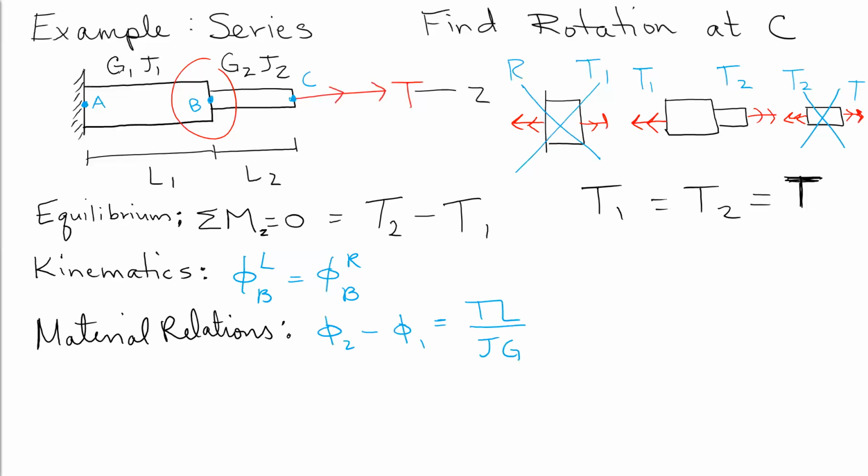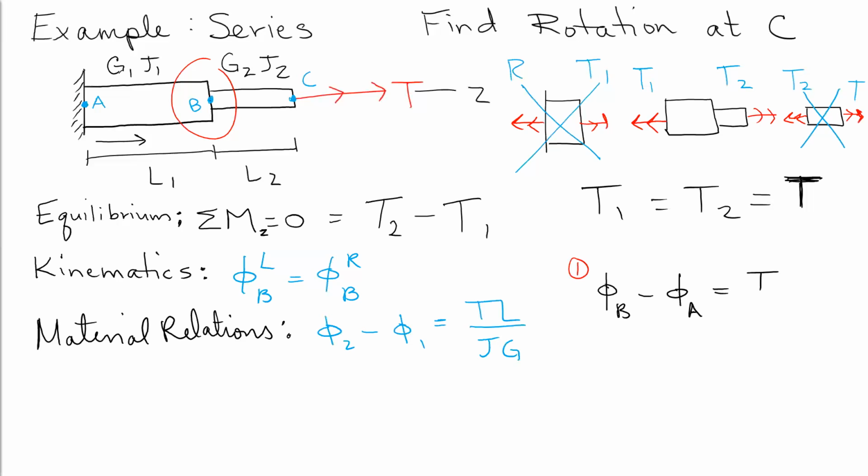In this particular case, we can do this for two segments. For member 1, we get phi B minus phi A. We usually always move in the positive z direction, so we're moving from A to B, which means we take the rotation at B minus the rotation at A. Final minus initial gives us the amount of change.